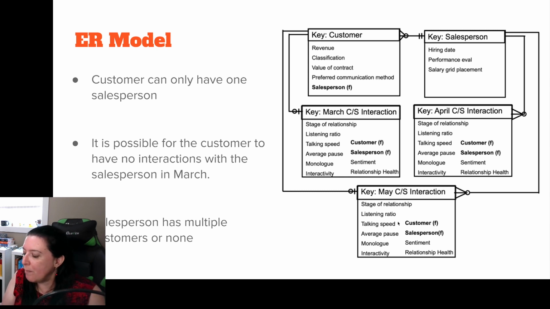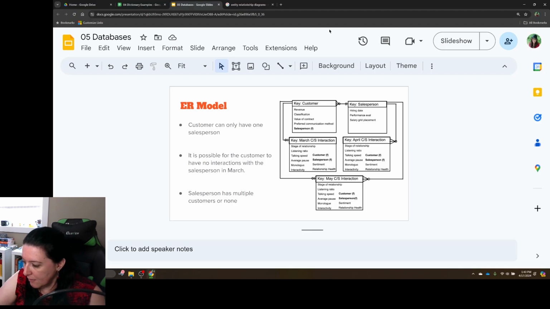If we're going from May interactions to the customer, based on what we've identified here, the typical pattern here is that the customer is only going to interact once in May. So customer is only going to have 1 interaction. But when it comes to May, it is going to have lots of different customers.